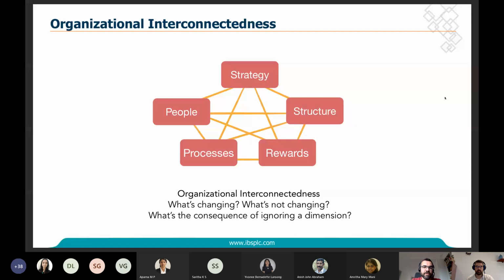Whenever we're looking into introducing a change, or taking certain actions within one change, we need to consider all the different aspects of the organization and how they are affected. If we introduce some change in the structure, we need to see if that change might have an impact on what the people are expecting, what they are motivated by, or any process that needs to be changed.